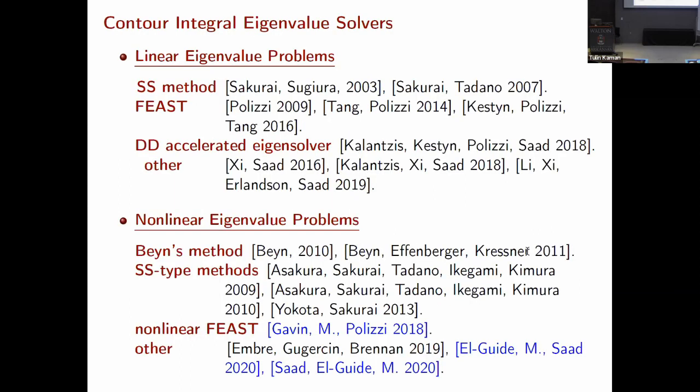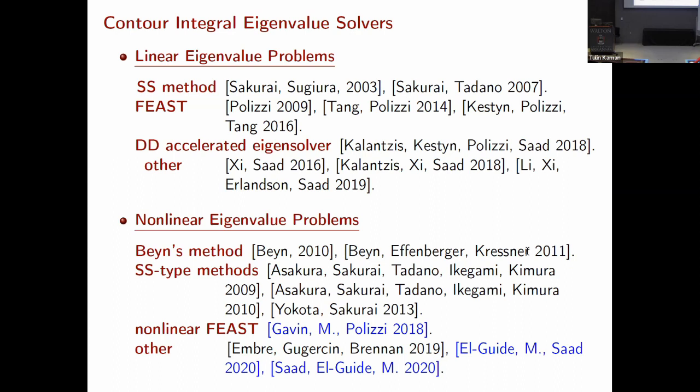Okay, this method is not the only contour integral eigenvalue solver. In linear eigenvalue problems, there are different types of methods. There are the moment-based approaches by Sakurai and Sugiura, which also use the connection to the contour integral.